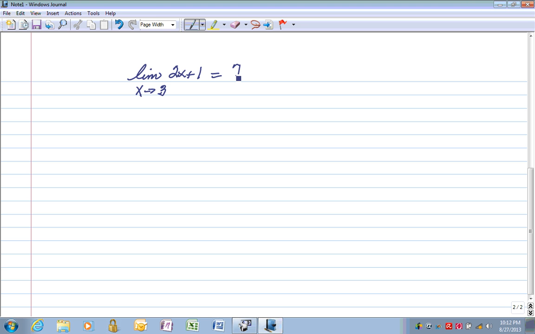Let's correlate it to the epsilon delta definition's graph. You have here x equals 3 on the x-axis. You have here a delta radius, and that is, as you know, epsilon over 2. So this is 3 plus epsilon over 2 and 3 minus epsilon over 2.